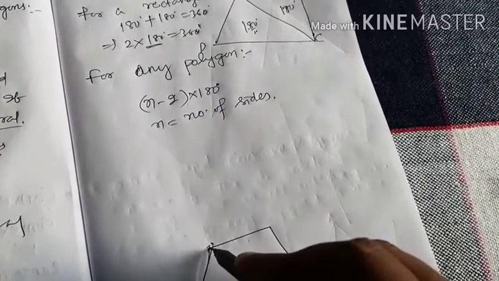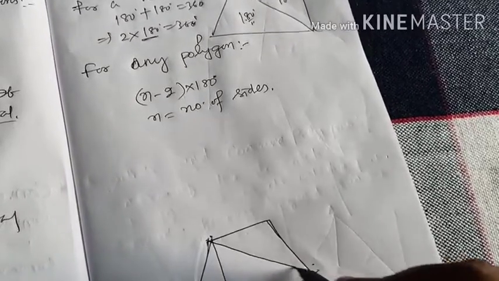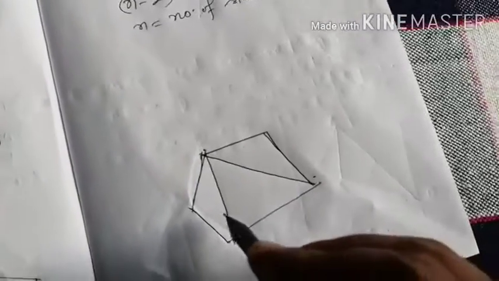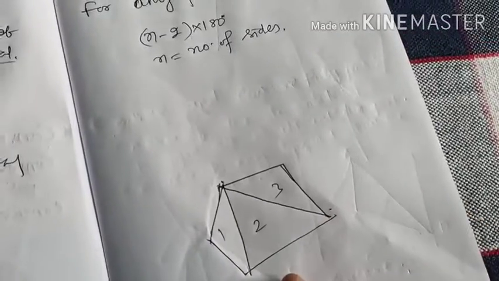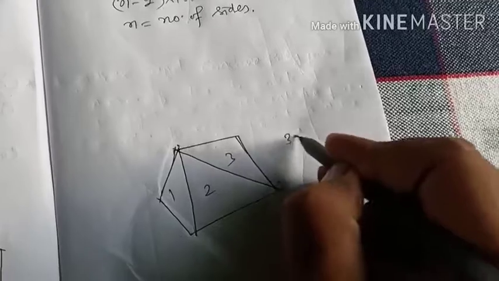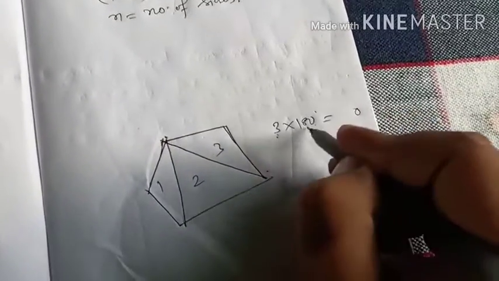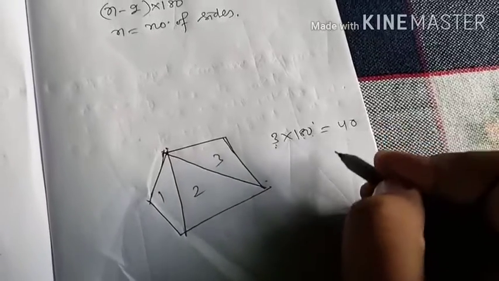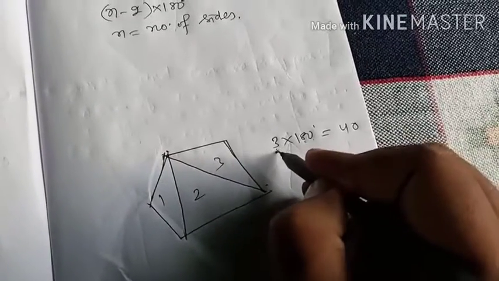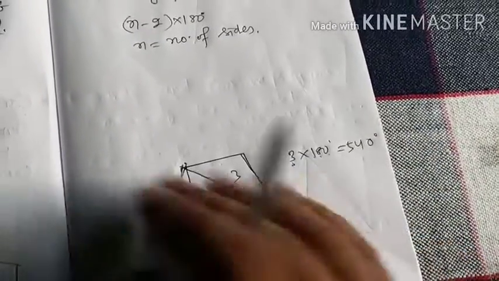If we join these two diagonals, then we will get 1, 2 and 3 triangles. So we can find the sum of all angles: 3 into 180, which is 540 degrees.